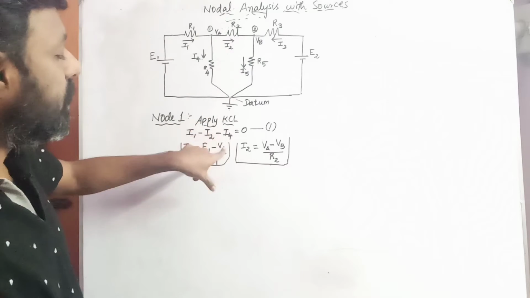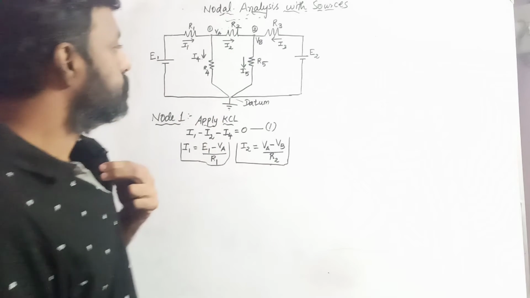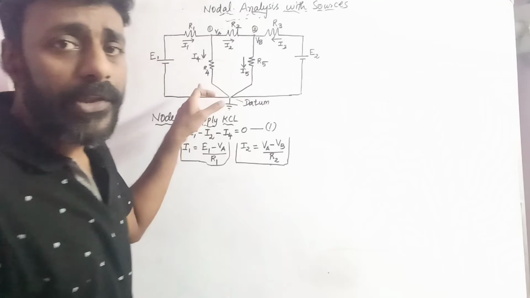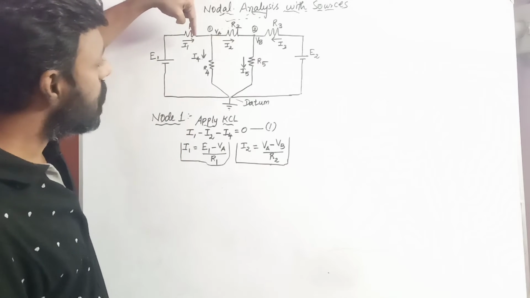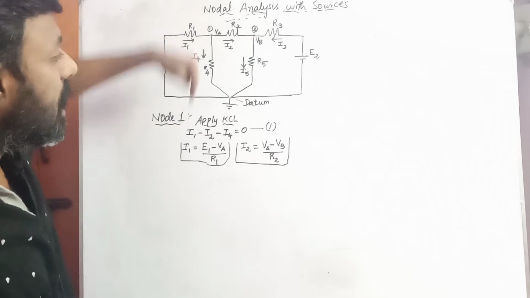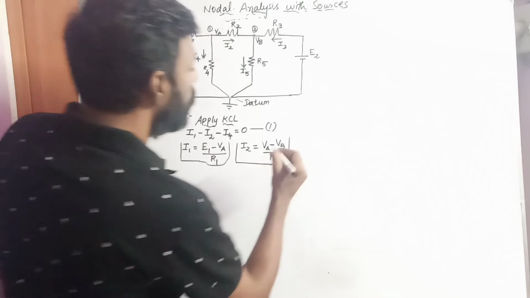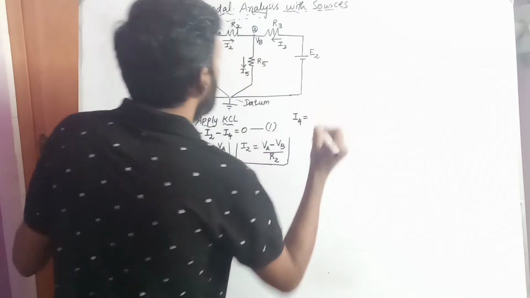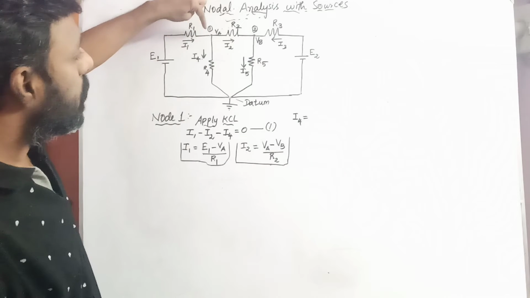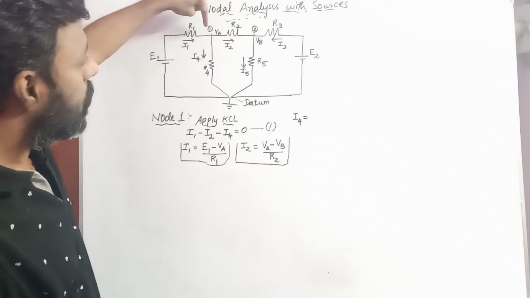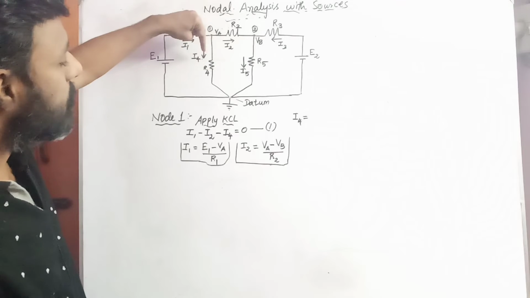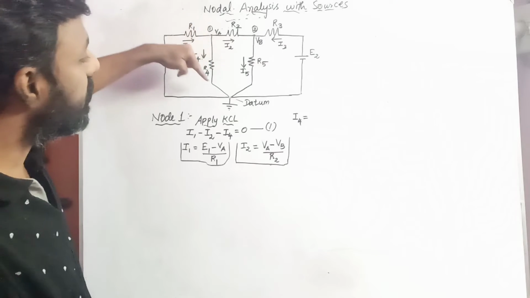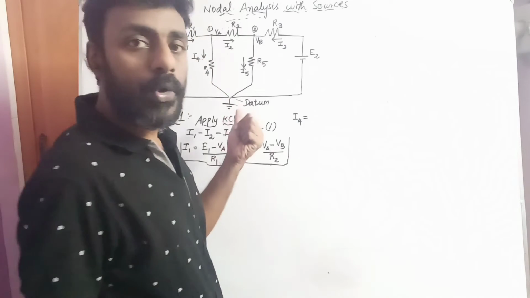Now we need to find the value of I4. So what is the value of I4? I4 is a current which is passing through the resistor R4. Here the current is flowing from VA, passing through the resistor R4, and reaching the datum node.